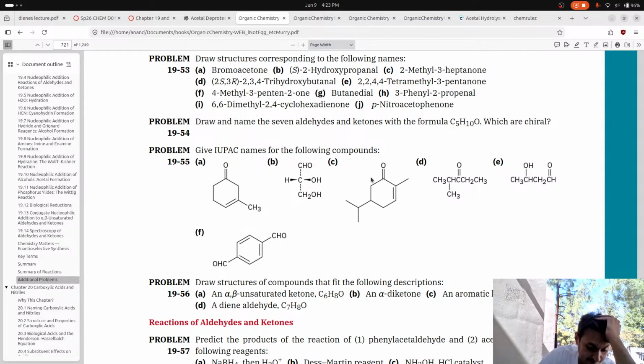2 methyl. 1, 2, 3, 4, 5. 5 isopropyl. 2 methyl, 5 isopropyl, cyclohex 2N one.